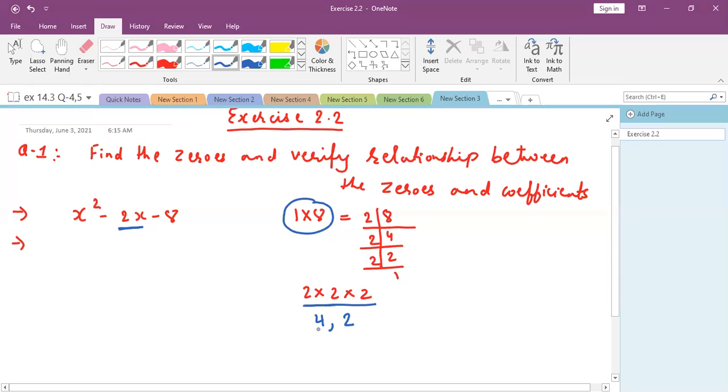So if I subtract 2 from 4, we get 2x. So here the property is satisfied that by multiplying the 2 numbers, I'm getting the product of first term into last term, and by adding or subtracting, you should get the middle term.